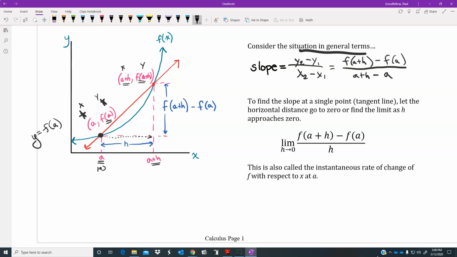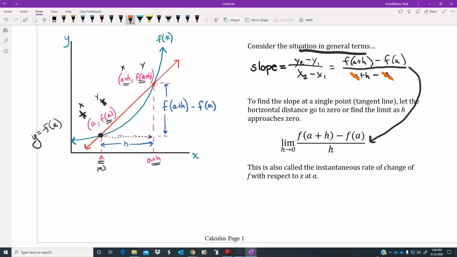All I've done is substitute y1, y2, x2, and x1 into the slope formula. Then if I simplified it just a little bit and did a little algebra on it, would you see that the a's would cancel each other? I would generate this concept right here.